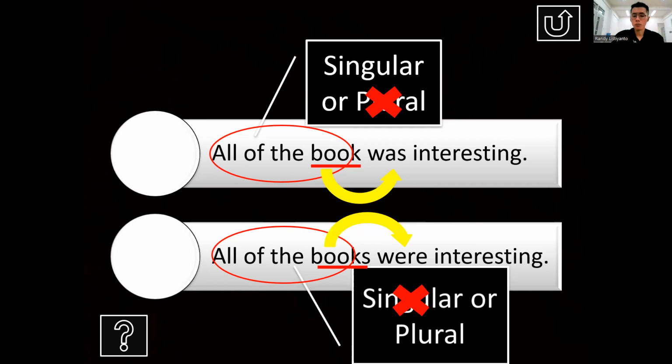So all of the book means all parts of the book as a singular thing. All of the books means there are some books and I want to comprise all of them. For example, if I have 10 books here and I say all of the books, it refers to all 10 books. So it is counted as plural.